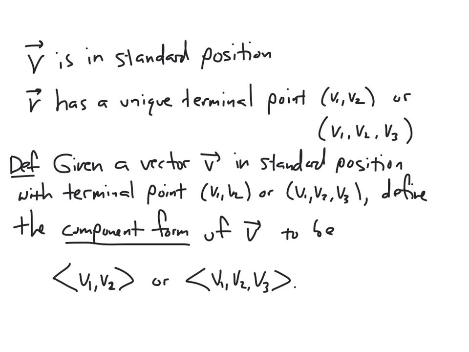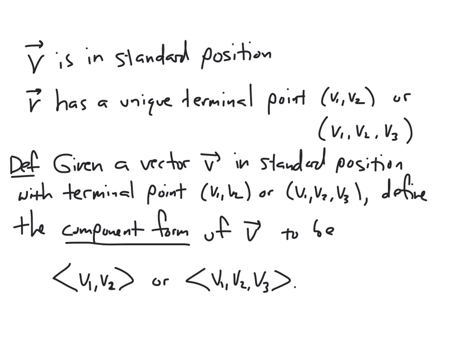So the way that the component form of a vector works is that we put the vector in standard position, we find the terminal point, and we use the coordinates, either in R2 or R3, of that terminal point as the notation for the vector, except we use angle brackets instead of parentheses. This way it's clear if we're talking about the point v1, v2 or the vector v1, v2, which is the directed arrow from the origin to the point v1, v2.